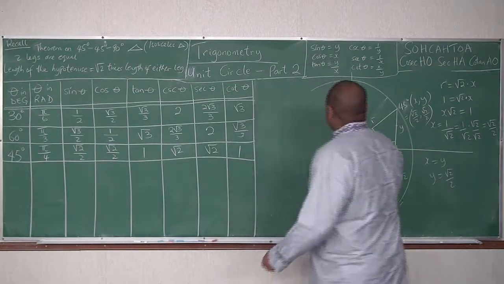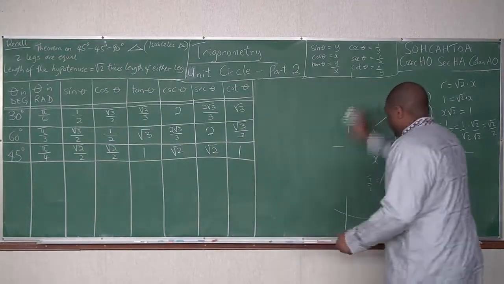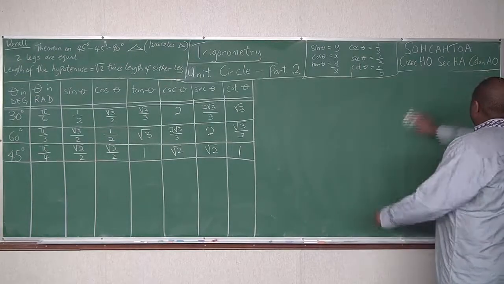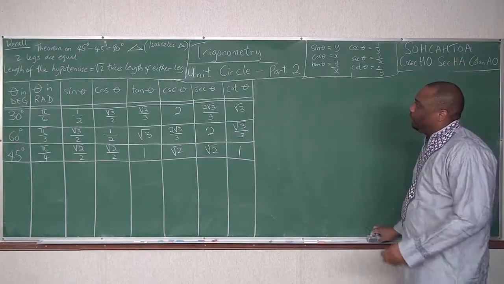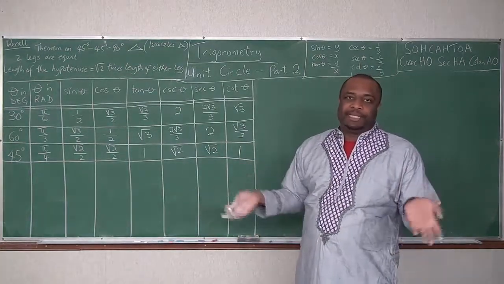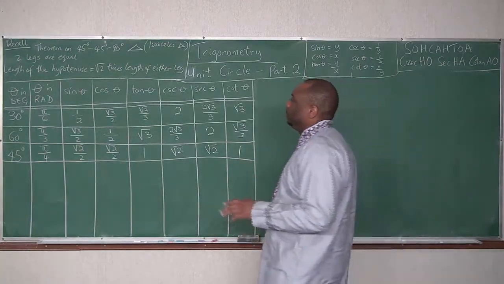So we can remember, the special angles we talked about are the multiples of 30, 45, 60, 90.